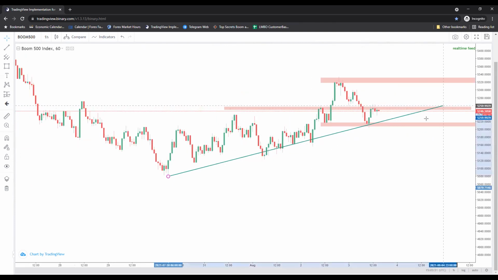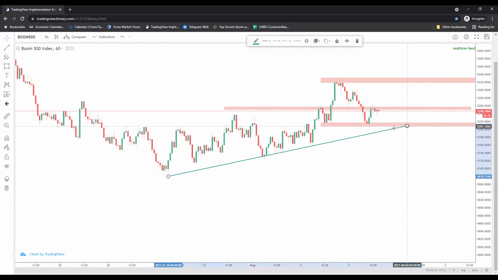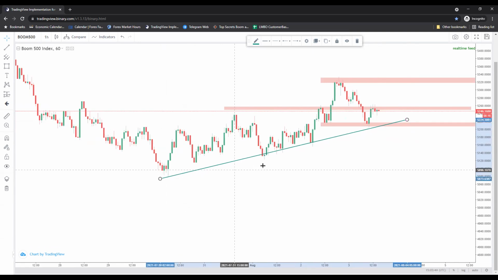If you draw here, you would probably think that the market still has pretty room to go back here. No, in boom and crash, it is a little different. Okay, you need to utilize the maximum touches. So this is your first, second, third, fourth, fifth, 6, 7, and here also it's rejecting.